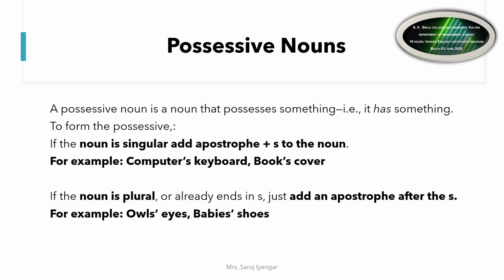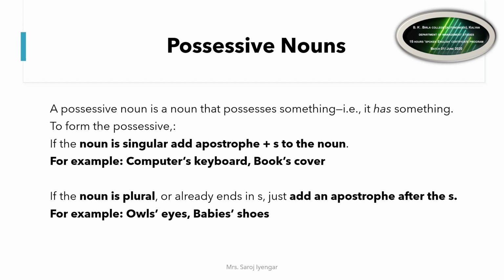Now you all know there are singular and plural nouns. Singular means single, plural means many, multiple. Whenever we talk about a singular noun, it always has an apostrophe s added to it. So for example, as I have written there, we say computer's keyboard.